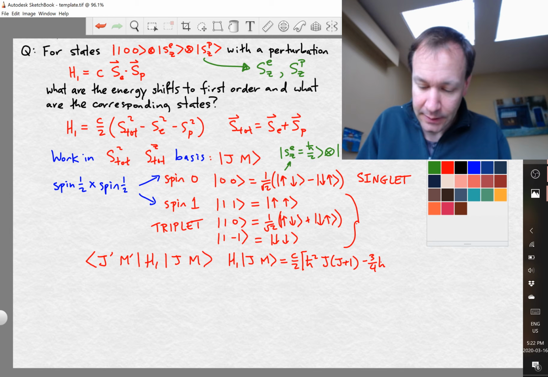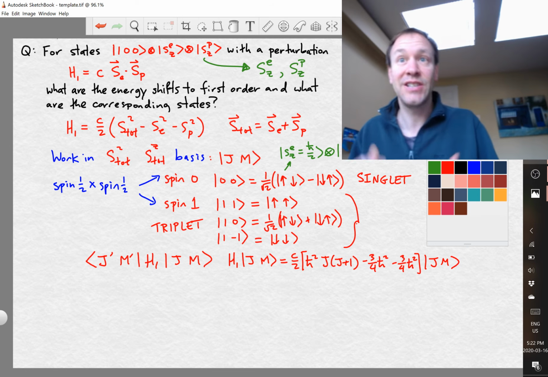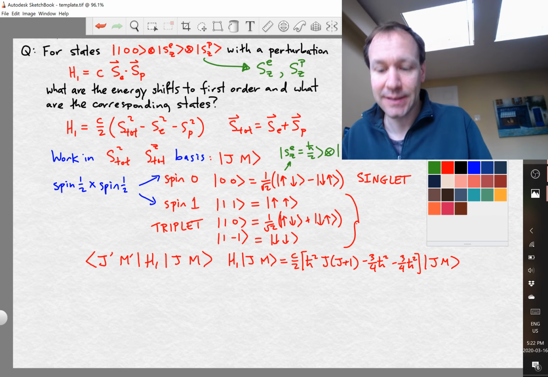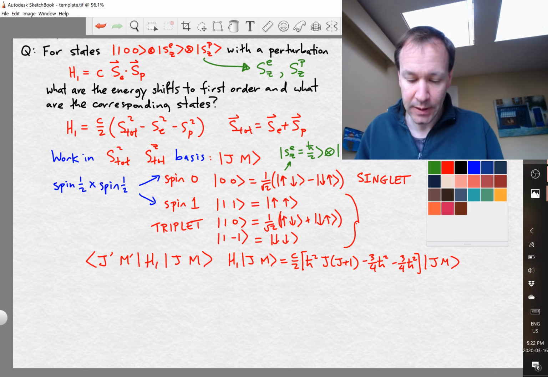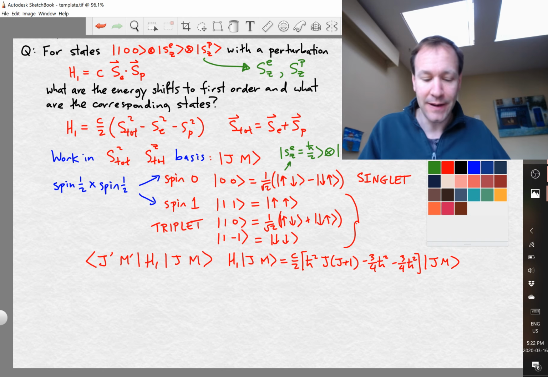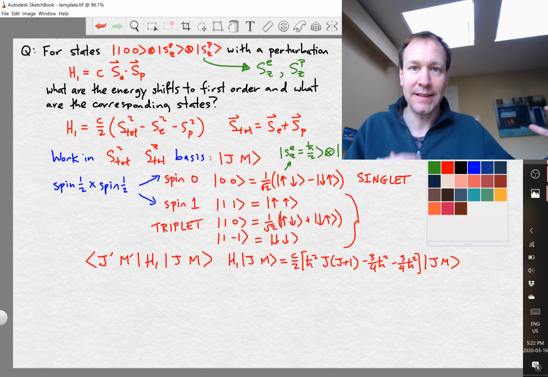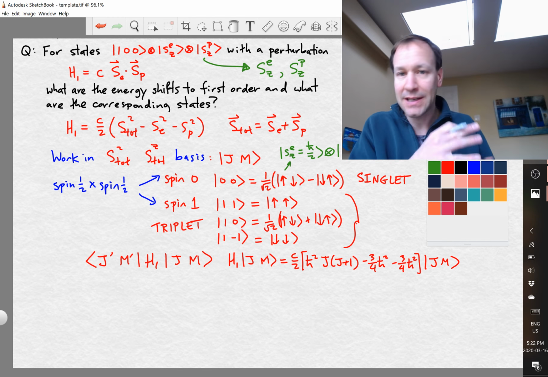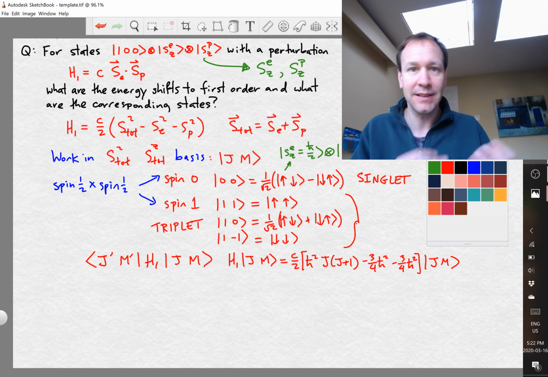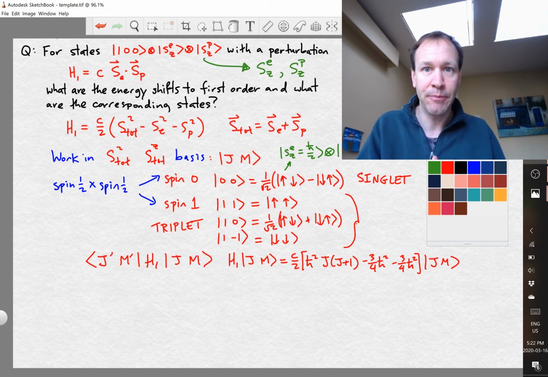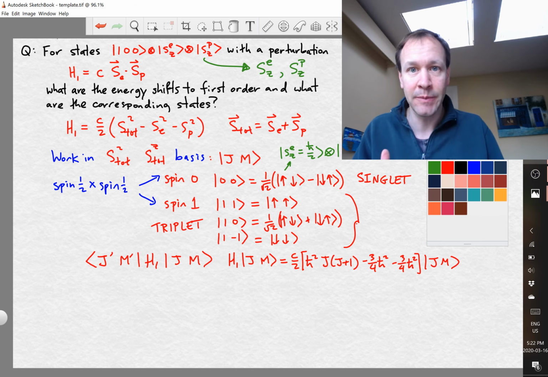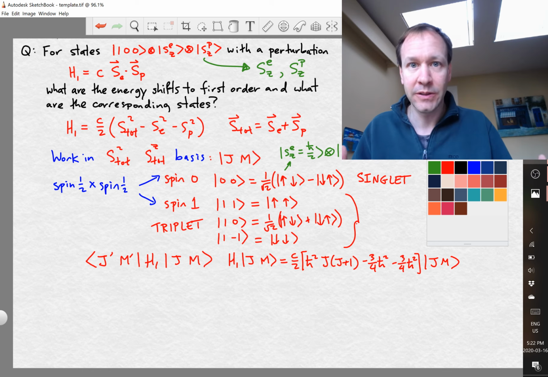So I'll just write that all out, and then Jm again, because it's an eigenstate. Now if I take the bra onto that, the inner product of that with some other state j prime m prime, it's going to vanish unless j prime equals j and m prime equals m, because those basis elements are chosen to be orthonormal to each other.